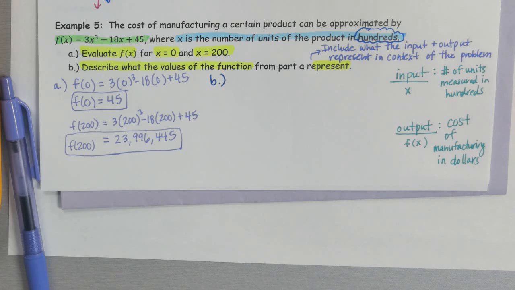When you are plugging in 0, that is going to be your initial cost. So if no units are being made, what could be something your initial cost could be for some type of business or manufacturing? If you don't manufacture anything, what are you paying for?